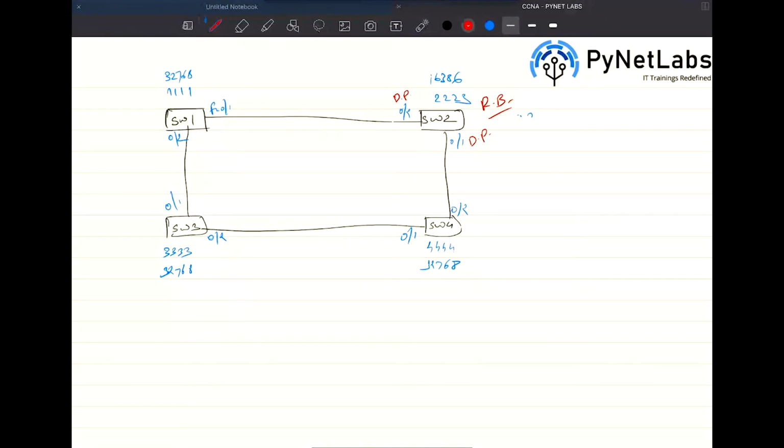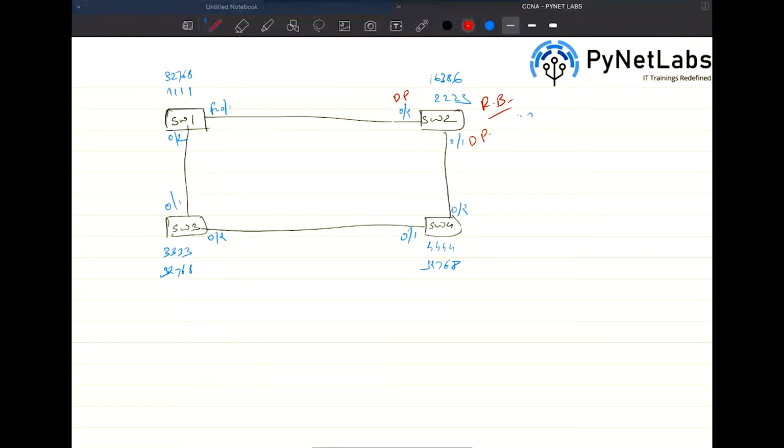So what is going to be the root port on switch 1? People say FA0/1 is going to be the root port because it has the lowest path cost in order to reach switch 2, which is our root bridge.